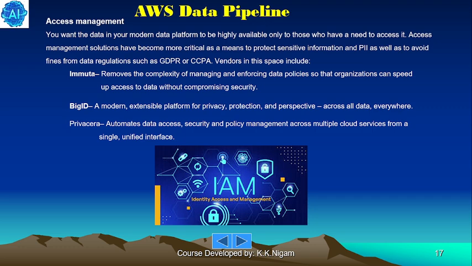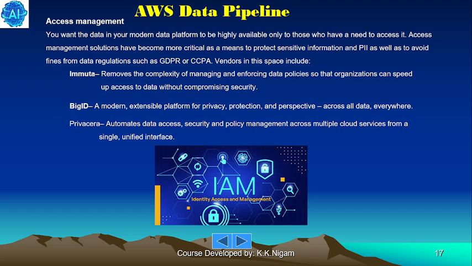Vendors in this space include Immunta. It removes the complexity of arranging, managing, and enforcing data policies so that organizations can speed up access to data without compromising security. BigID, a modern extensible platform for privacy protection and perspective across all data everywhere.